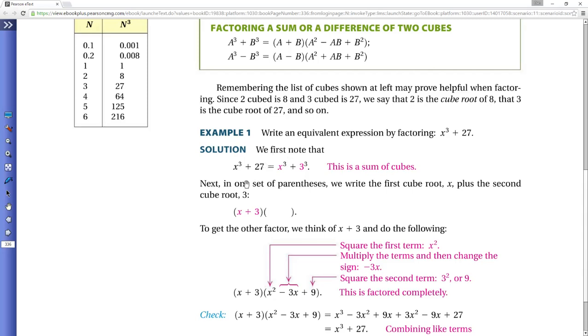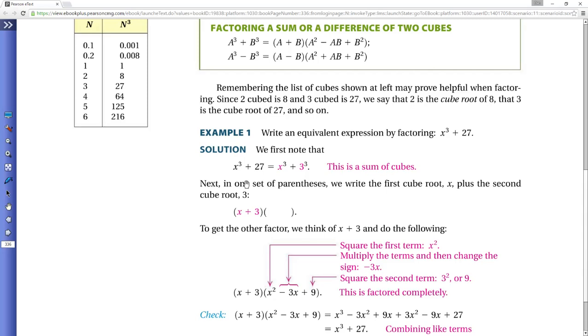First of all, when I see two terms, usually what I look for is difference of squares, because that's the easiest one to factor. It's definitely easier than this. Well, I don't have a difference. There are no opposite signs here, so that doesn't work. And x cubed is not something squared.